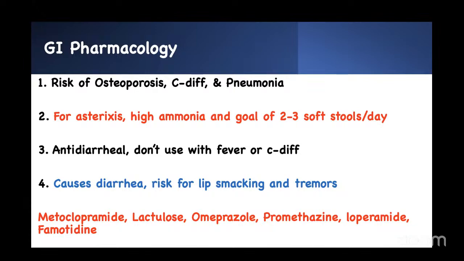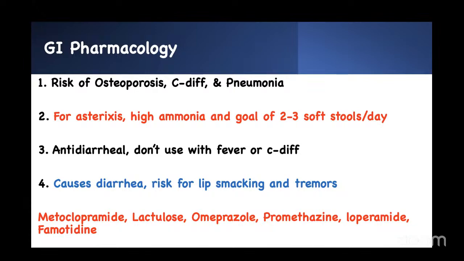Which medication is an antidiarrheal? That means against diarrhea, and you shouldn't use it if you have C. diff or fever. The next one, which one causes diarrhea? And if you take it, you're going to have lip smacking and tremors.